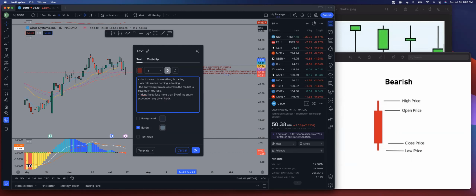So if you think about it, if I'm only losing 2% on every trade, what does that do for me? Well, I can be wrong 50 times in a row before I blow my account. That's what I learned from the very beginning. That's how you stay in this game longer. You only lose 2% of your account max. You can do smaller than that, 1%.